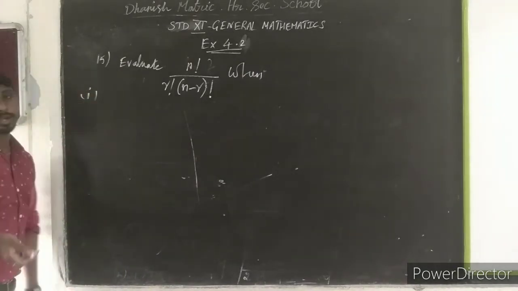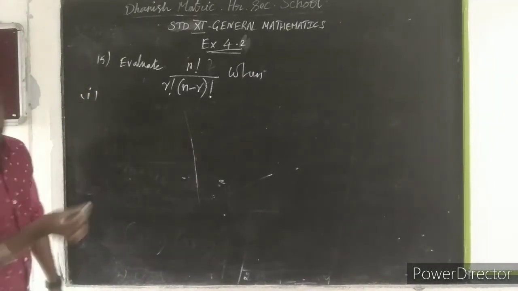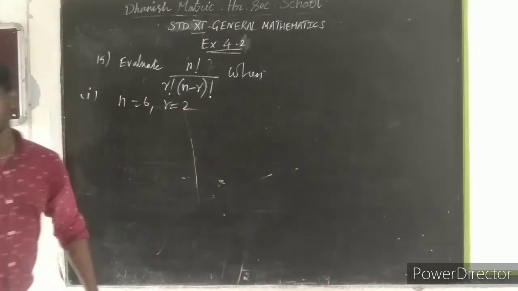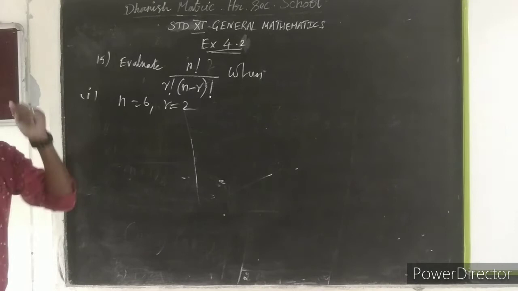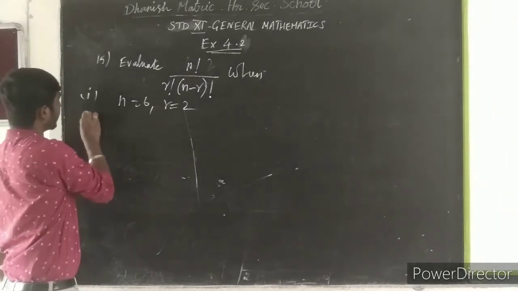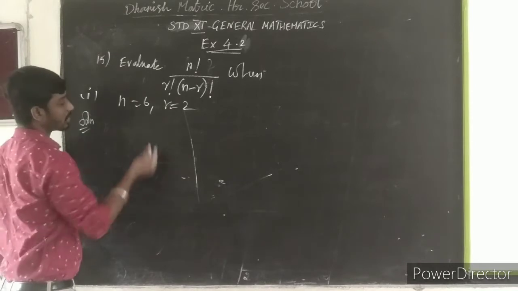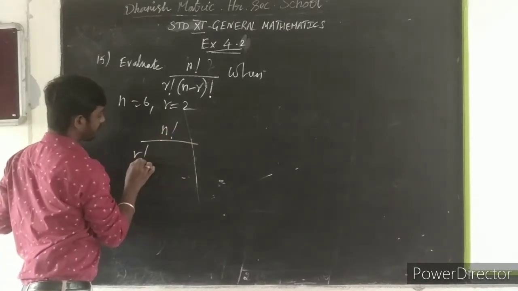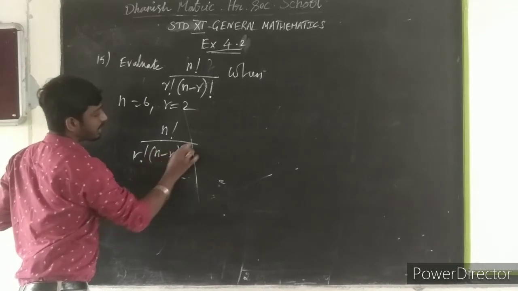The first question we are going to solve like this. Just substitute into the evaluating function. What is the evaluating function here? That is n factorial divided by r factorial into n minus r factorial.